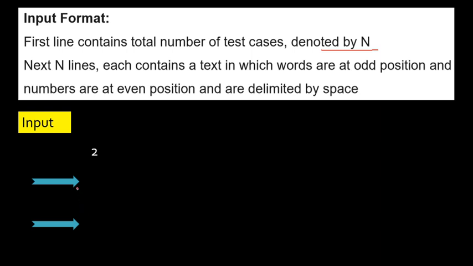Let me show you an example. Say in the first scenario, do you remember the input format? How will they give you? A word followed by a number. Definitely we will start with the word because the first position is an odd position. So odd position will be a word and even position will be a number.